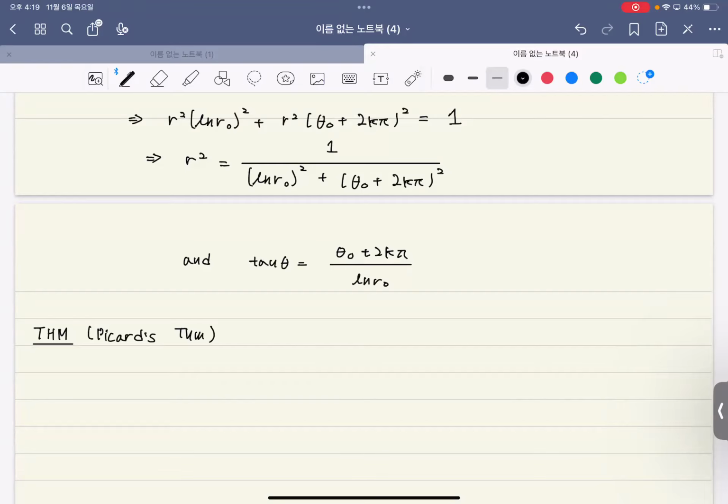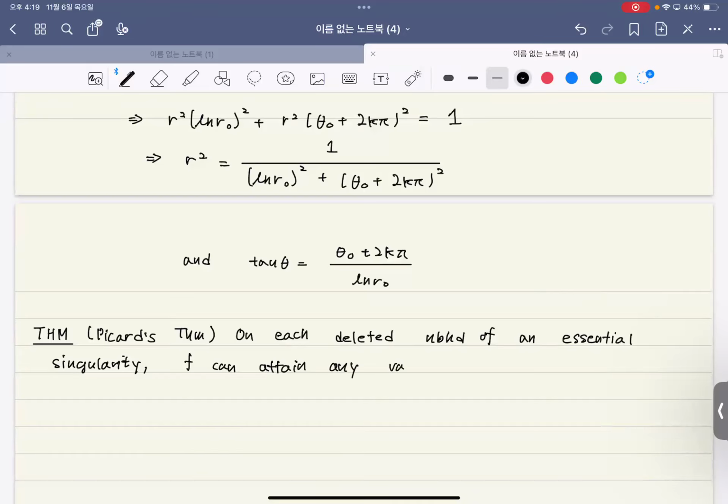And it goes like this. On every deleted neighborhood of an essential singularity, f can attain any value, with possibly one exception.